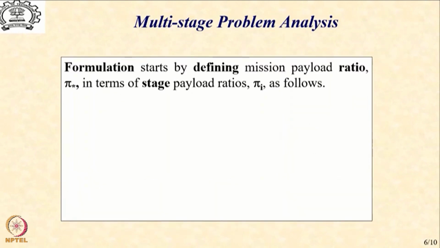So how do we formulate this problem? We formulate this problem by defining the mission payload ratio pi star, which is m star by m naught. And there is a constraint that this particular ratio has to obey in terms of the stage payload ratios that we have defined in the following manner.